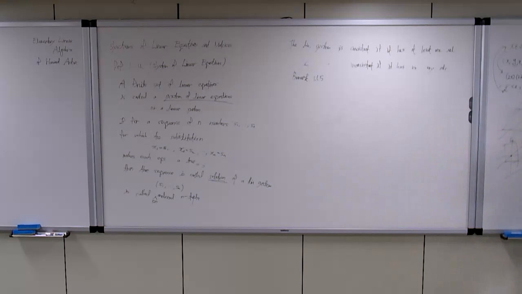We get only things like x equals something, y equals something, not x squared. We do not have curves.